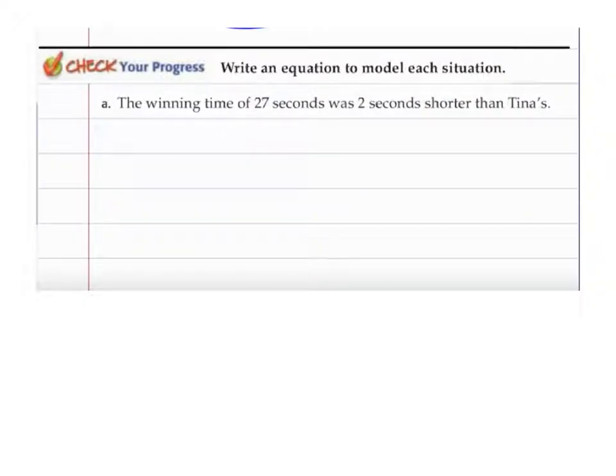Let's look at another one. The winning time of 27 seconds, I have a feeling that's going to be important, was 2 seconds shorter than Tina's. I'm just going to write down my important facts first.